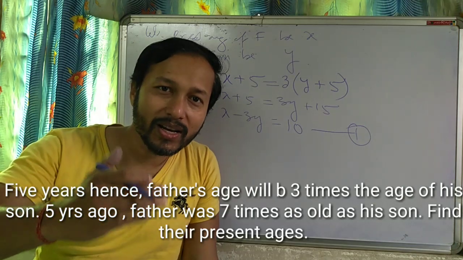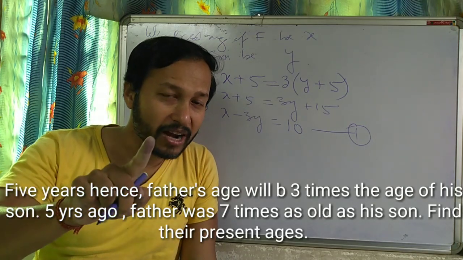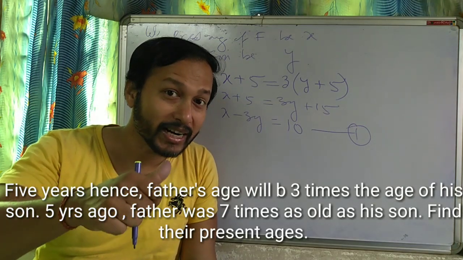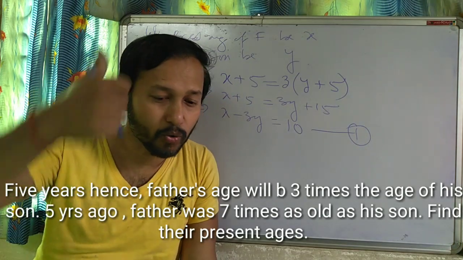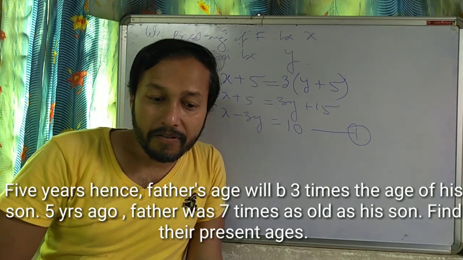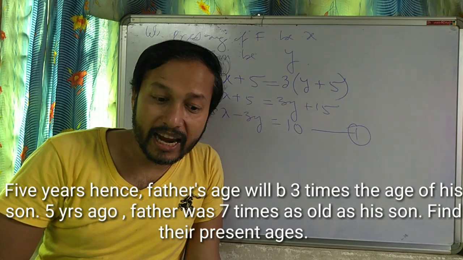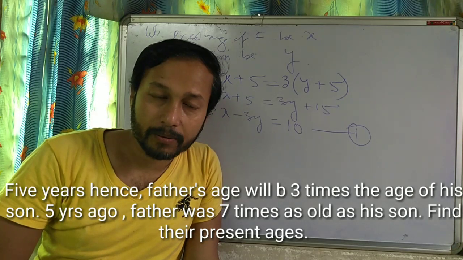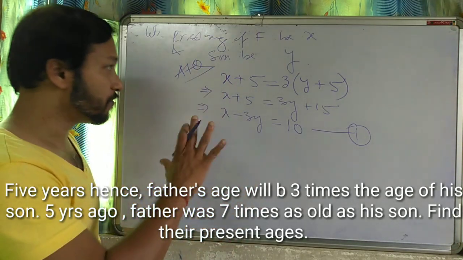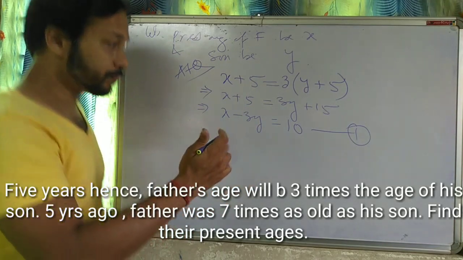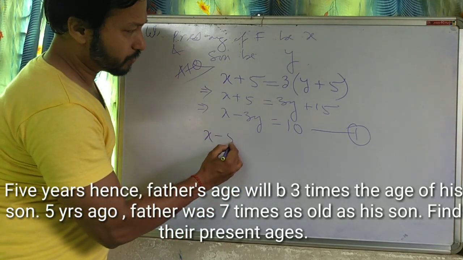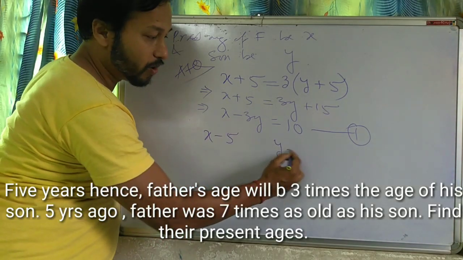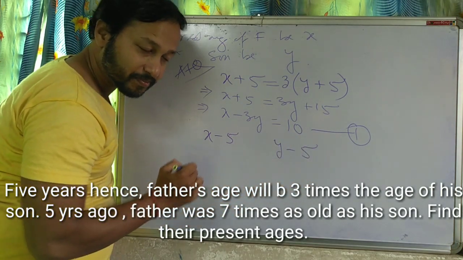Yes, we have to minus 5 from your present age to get the age 5 years ago. So here, 5 years ago, first let us see what is the father's age 5 years ago. X minus 5. And son, obviously Y minus 5.